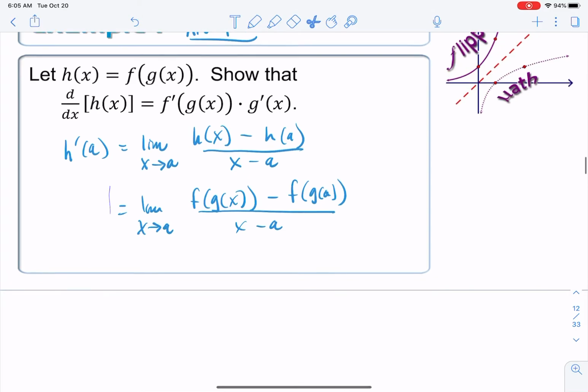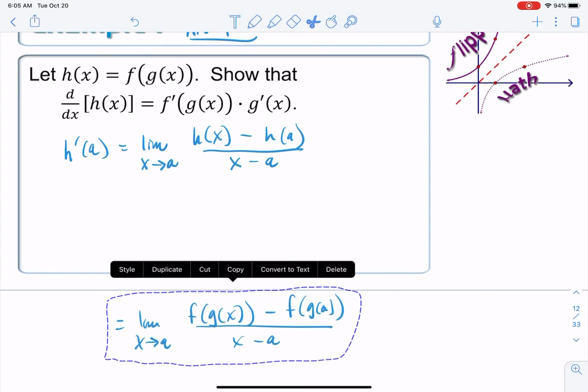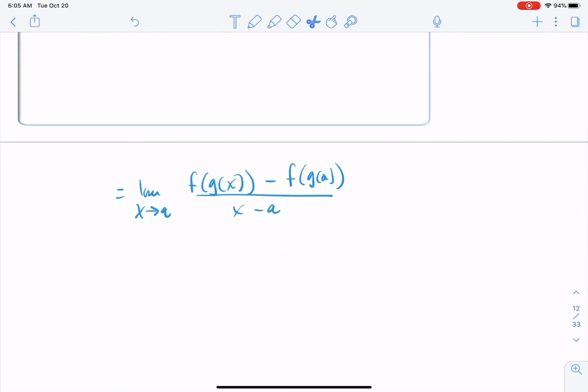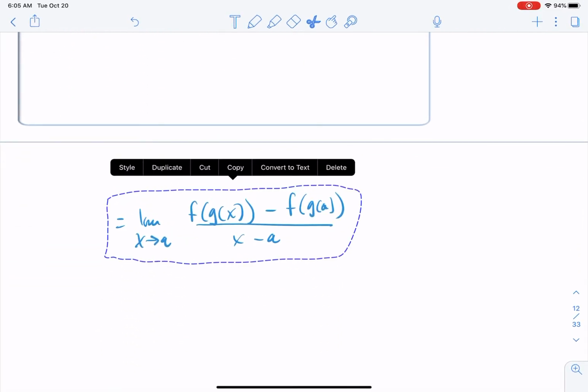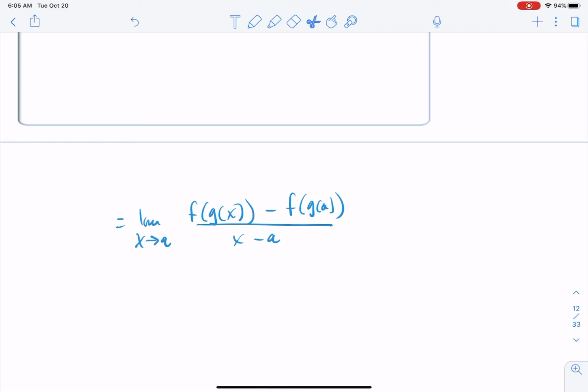In the past, whenever we were doing the product rule and the quotient rule, we had to do some sort of trick to fix that indeterminate form, maybe adding and subtracting some sort of fancy 0.